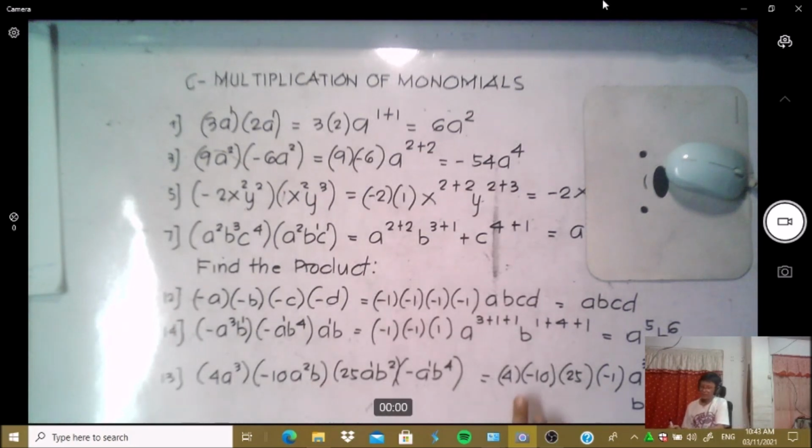So we have positive times negative is negative, multiplied by positive is negative, multiplied by negative is positive. And 4 times 10 is 40, multiplied by 25 is 1,000. A raised to 3 plus 2 plus 1 plus 1 is 7. Then b raised to 1 plus 2 is 3, plus 4 is 7. So we have 1,000 a raised to 7, b raised to 7.